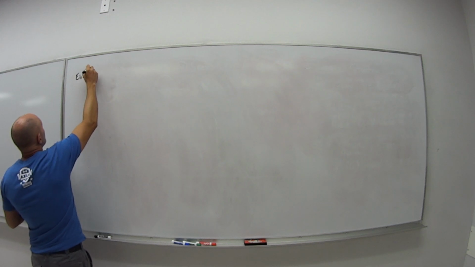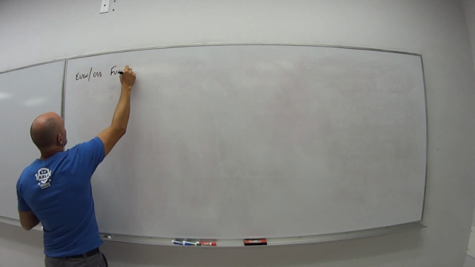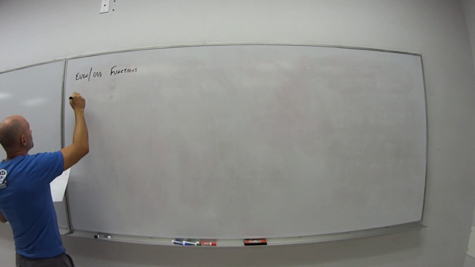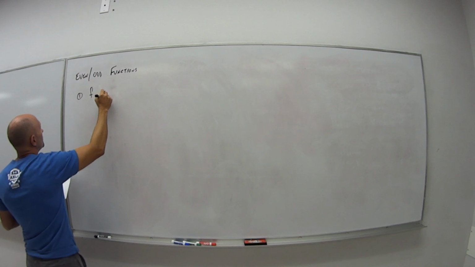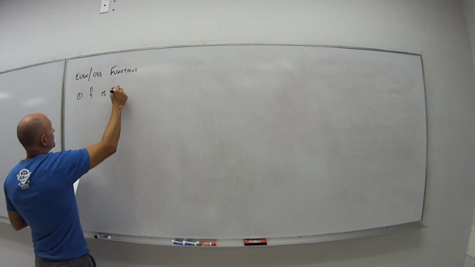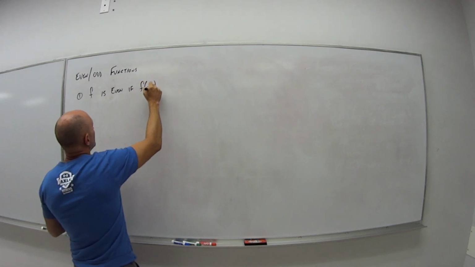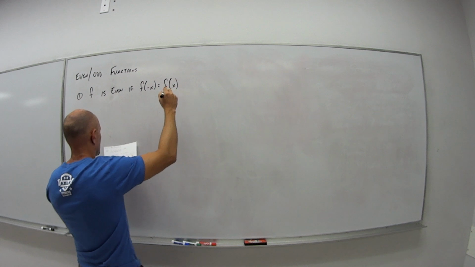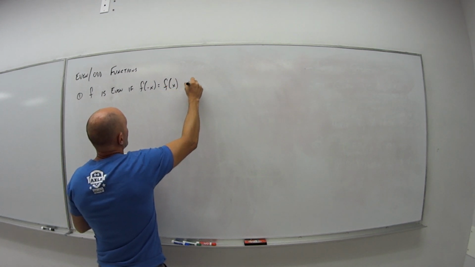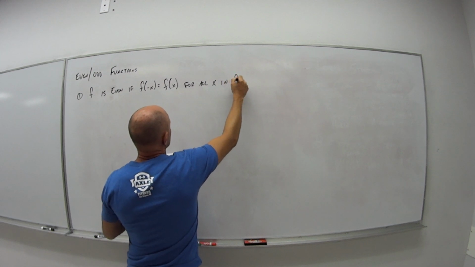So even and odd functions. First, f is even. The function f is even if f of minus x is equal to f of x for all x in f.